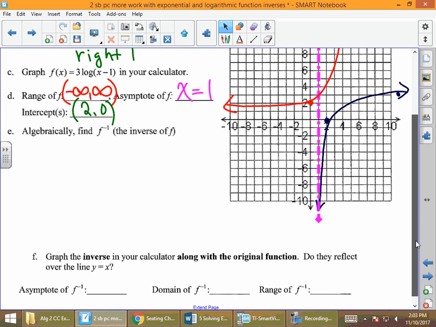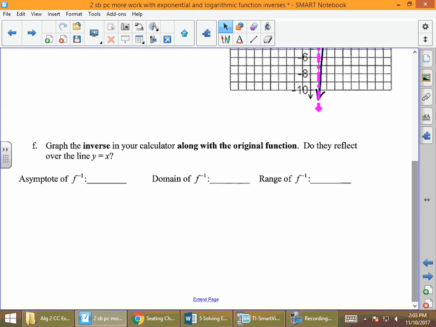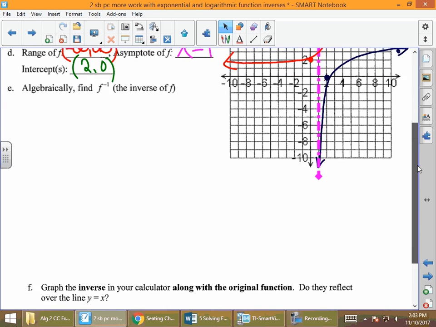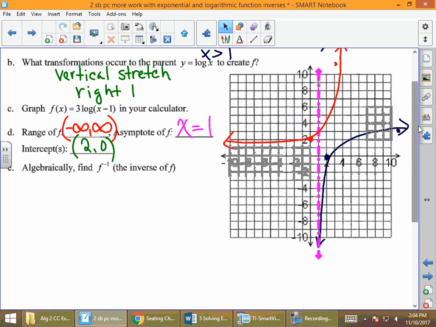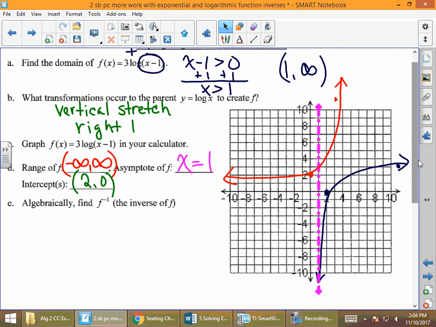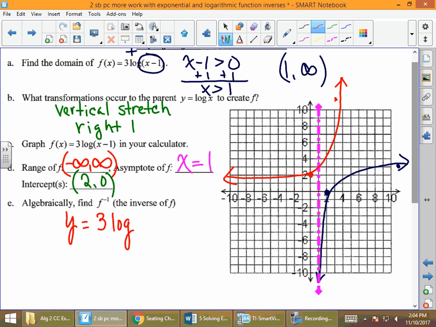But we really do want to figure out, how do we find the inverse algebraically? So the first thing that we do with our function here, instead of writing f of x, write y. So this is y equals 3 log of x minus 1.